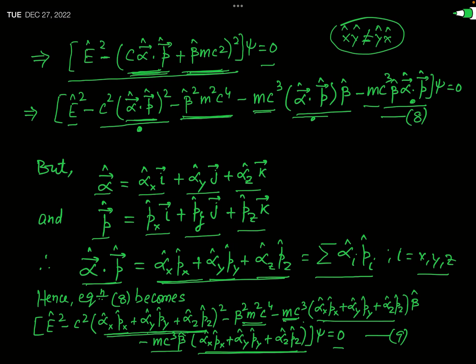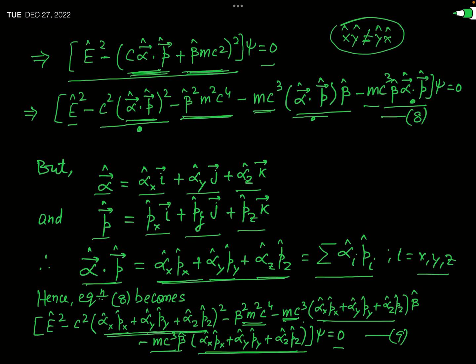Here there is mc cube, here is also mc cube, and here alpha x px beta, alpha y py beta, alpha z pz beta, and in this term there will be minus, in fact, beta alpha x px, beta alpha y py, beta alpha z pz.